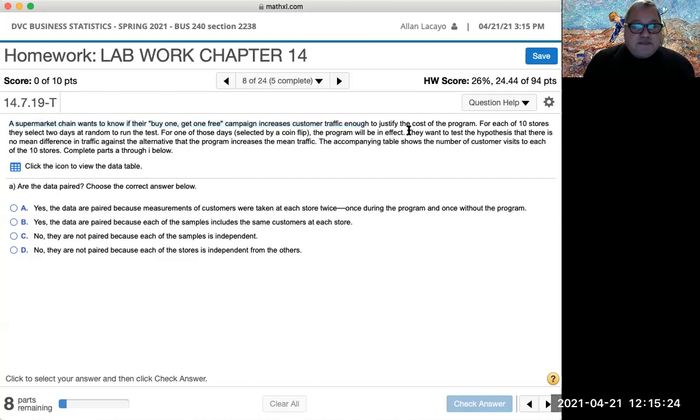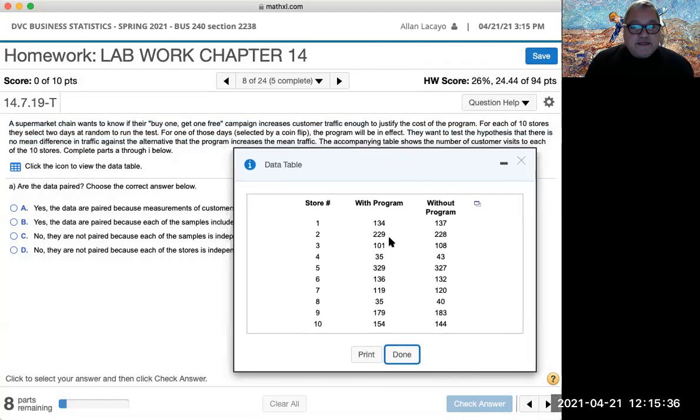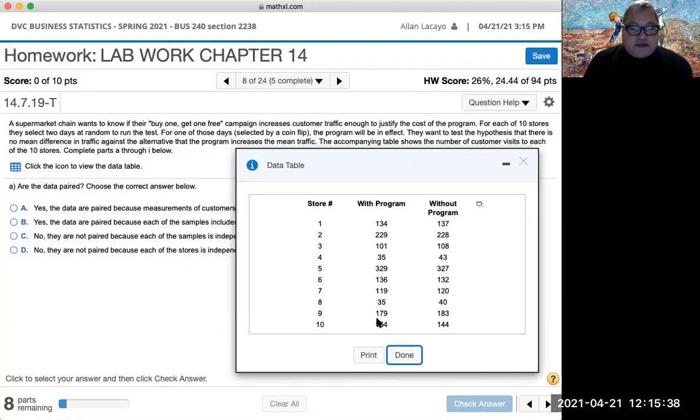And what they want to test is the hypothesis that there's no average difference between the foot traffic in the stores as a result of this buy one, get one free campaign. So the data will look like a 2 by 10, 10 numbers measuring the number of customers who visit stores 1 through 10 when the program is in place versus when it is not.